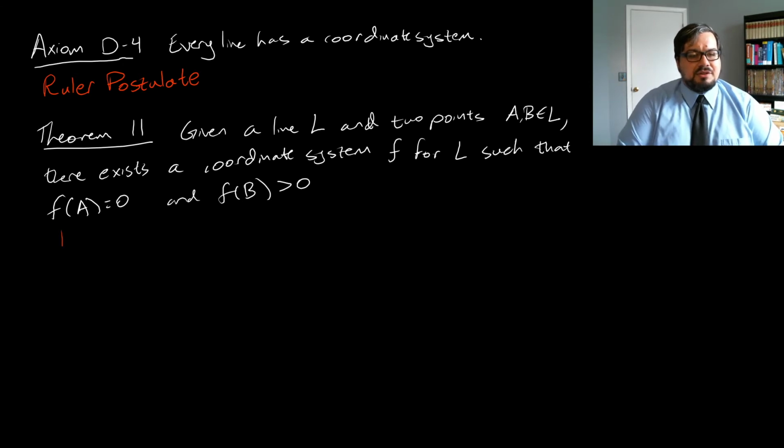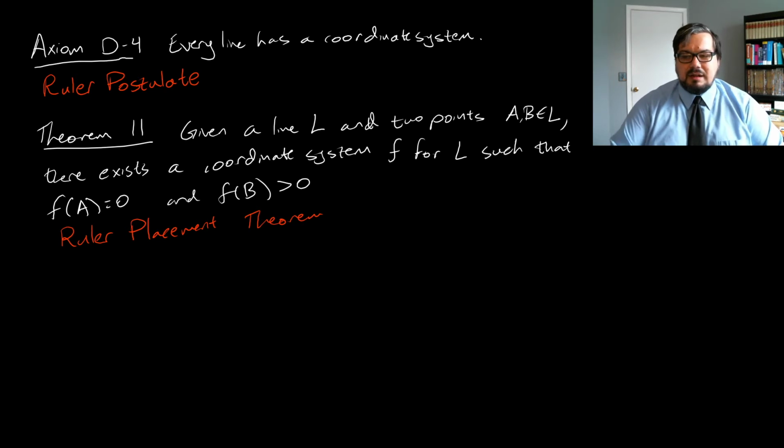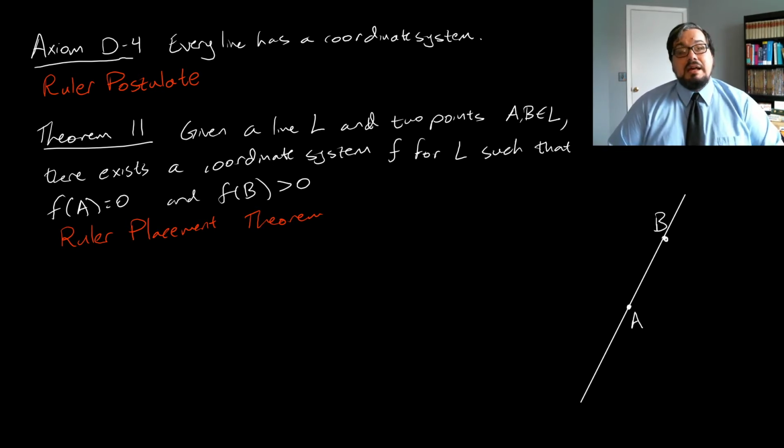This theorem is known as the Ruler Placement theorem. And it says that if I have a line over here, and I've got some point A that I care about and some point B that I care about, then I can always find a way to set up a coordinate system for this line so that A has coordinate 0 and B has some coordinate, but whatever coordinate it has is positive.